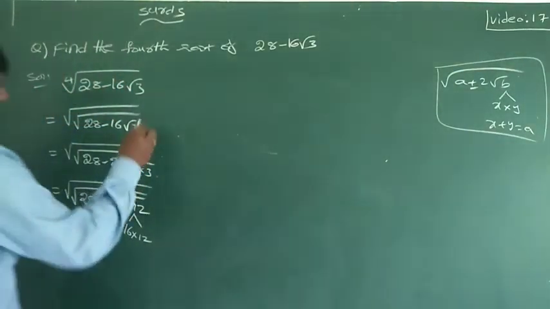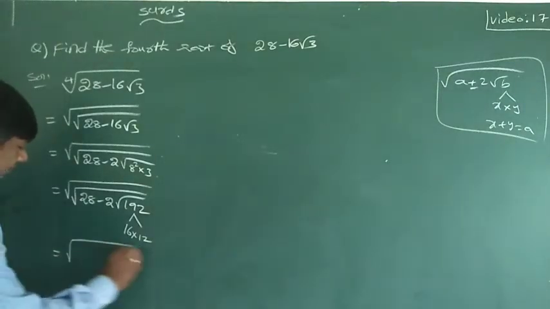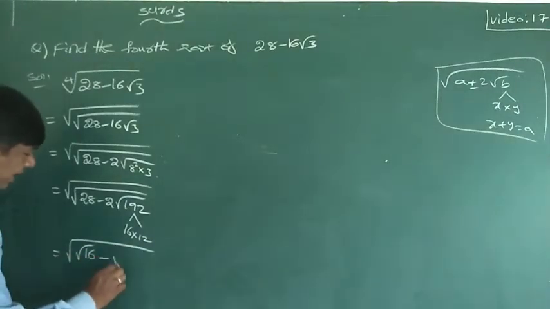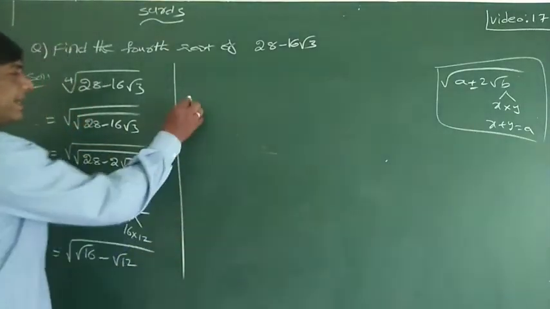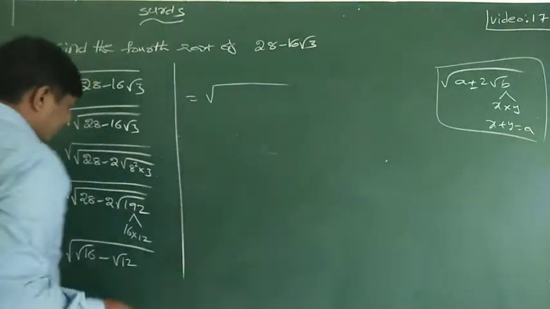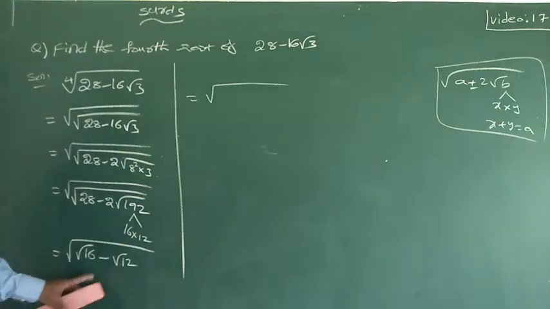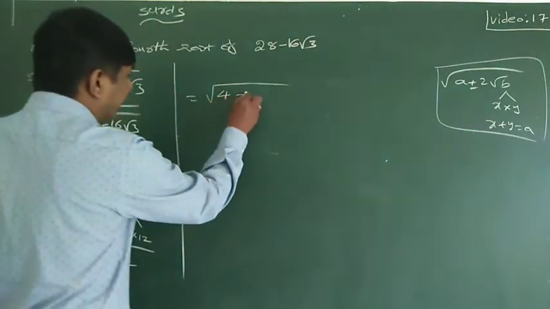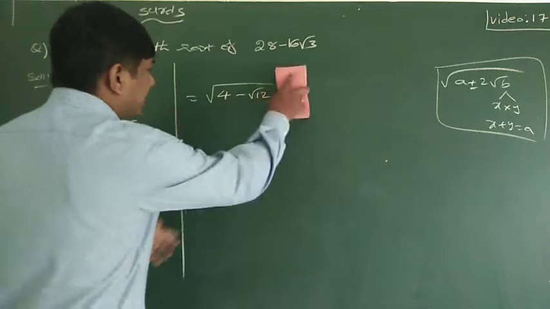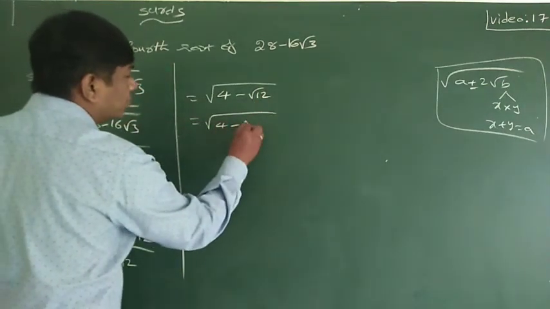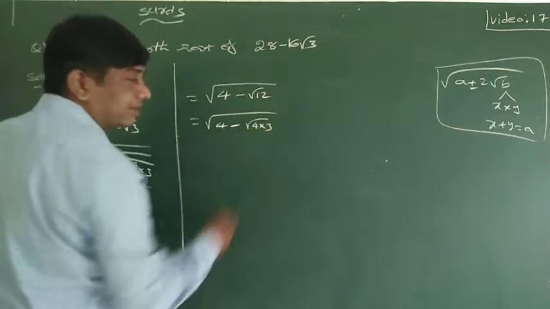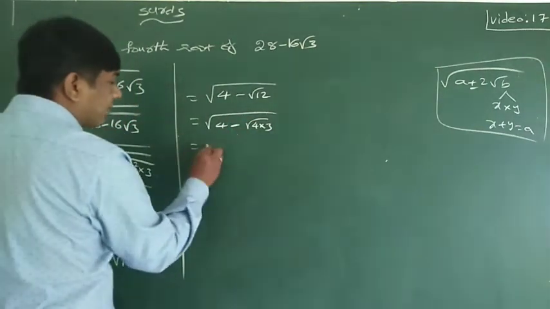Now that is equal to root 16 minus root 12. Root 16 is nothing but 4. So square root of 4 minus root 12. Again, root 12 I write as 4 3s are 12, 4 take outside.